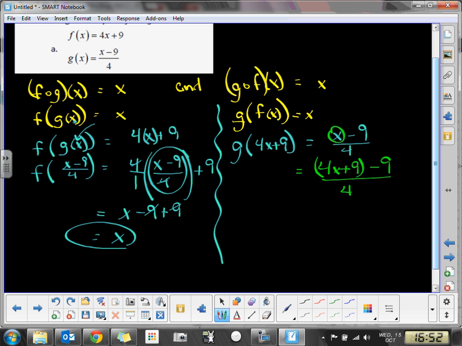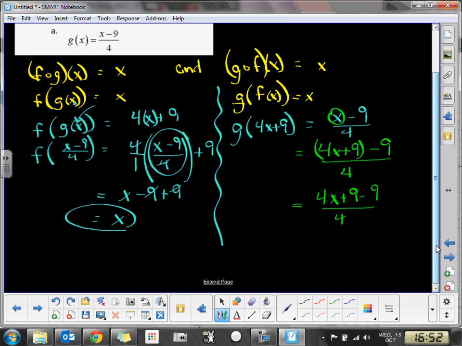Well, I can get rid of those parentheses. They weren't really necessary. Okay. So what we have is 4x plus 9 minus 9 divided by 4. The plus 9 minus 9 reduce to 0. So it's 4x divided by 4, which reduces to x.